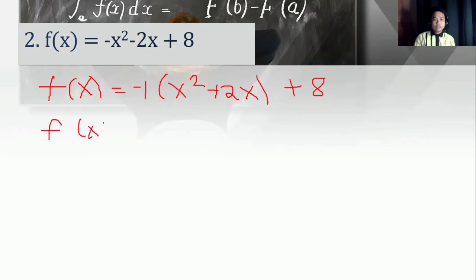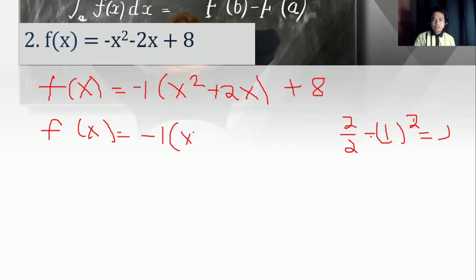So, f of x, kalahati ng 2. So, kalahati ng 2, we have 1. Then 1 squared, we have 1. So, negative 1 times x squared plus 2x plus 1.